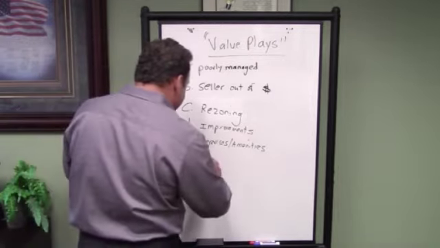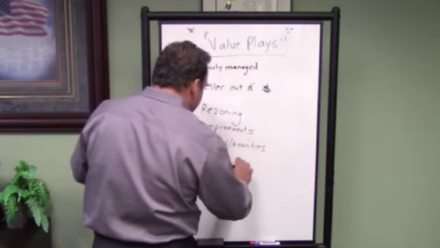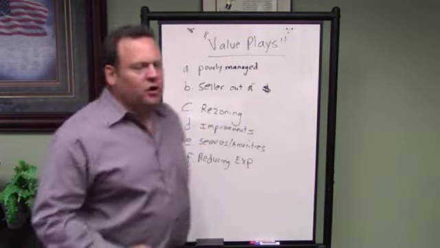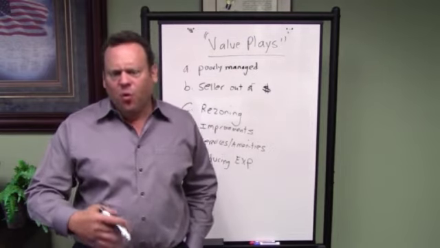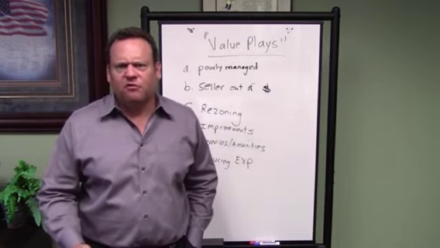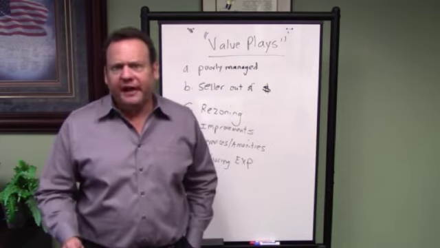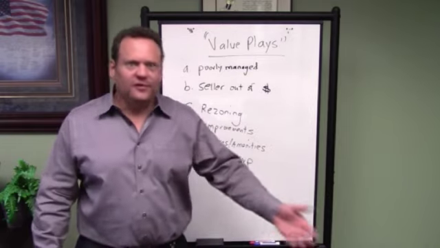Reducing expenses. On one particular building, we had a laundry room. And the water bill for that laundry room was way more than the income we were making from the laundry. So we shut it down. Besides, right next door to the building was a laundromat.